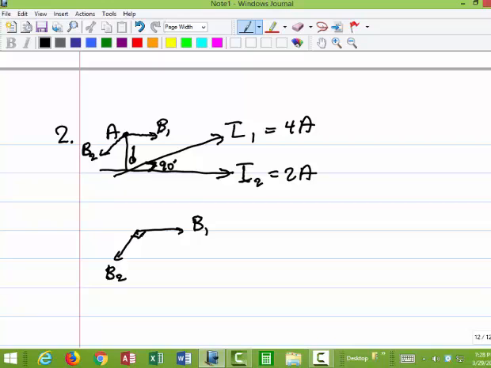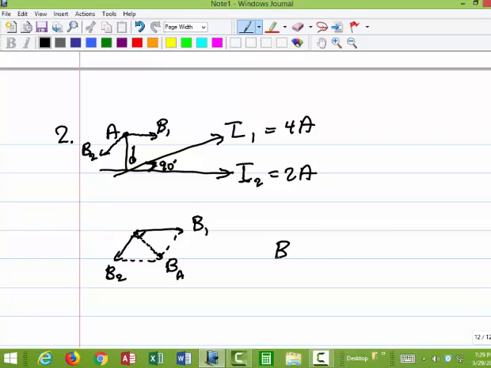Well, yes, you're going to use that. So you need to find the net magnetic field, which is this magnetic field here. This is B. So this is a field at the point A. So what is B at the point A? What rule are we going to use for that?